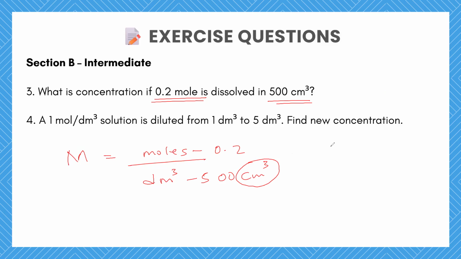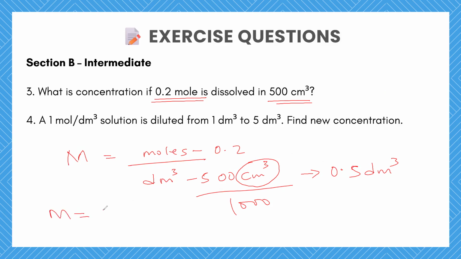So what do we do? We simply convert from cm cube to dm cube. And how do we do that? We divide the volume in cm cube by 1000. 500 divided by 1000 gives us 0.5 dm cube. So let's plug in our values now.